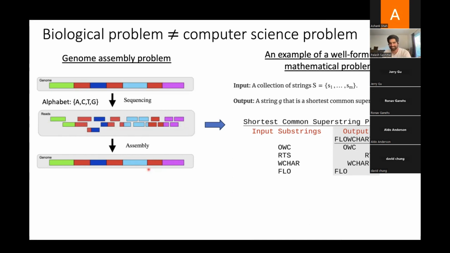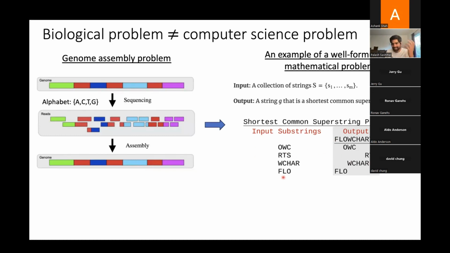And I'm not saying that this is the only way to formulate this problem, but you would realize that there are certain assumptions that we are making. So first thing, we said that we want the shortest such common superstring. Why? Because of course, there is a very trivial way to generate a string. You just concatenate all of these small substrings in any order you like. And now you have a superstring where everything that was given to you as input is a substring of that superstring.